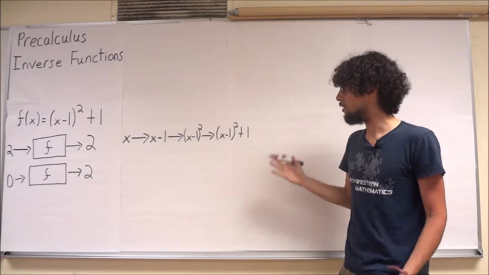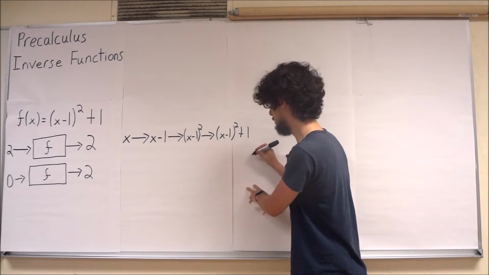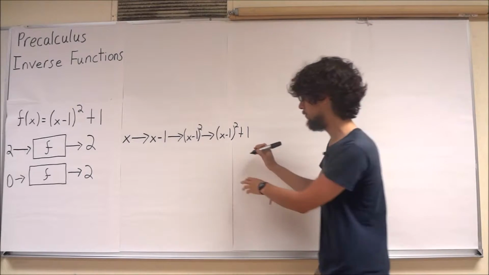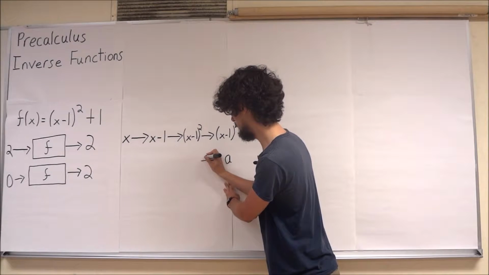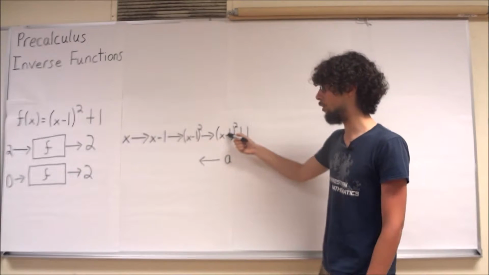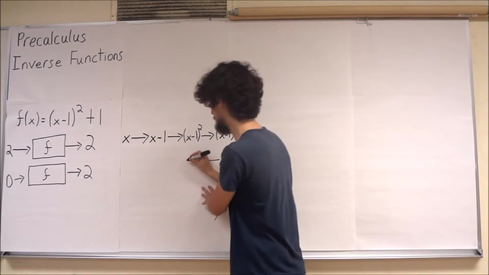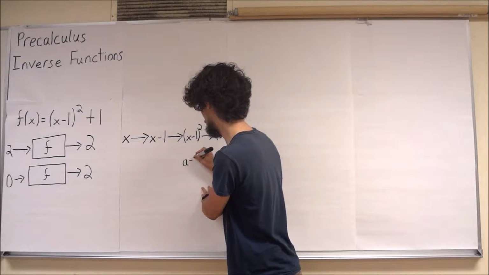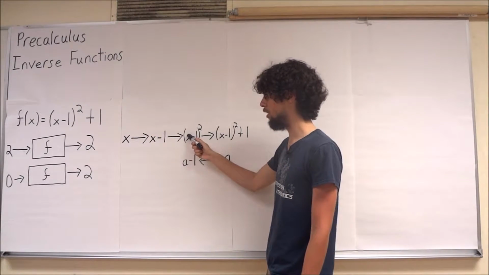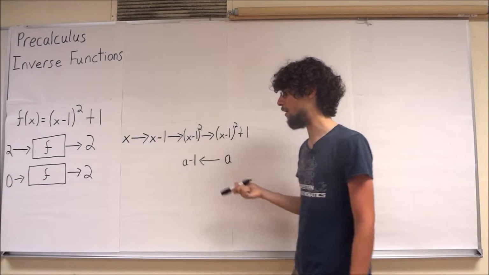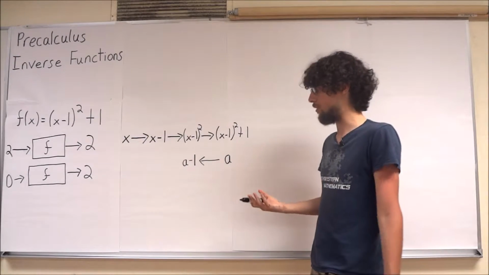If I tried to work backwards here, from here to here, we added 1. So from here to here, I'll subtract 1. And from here to here, we squared what we had. So from here to here, I'll undo that.